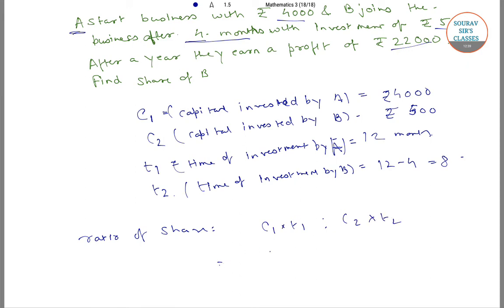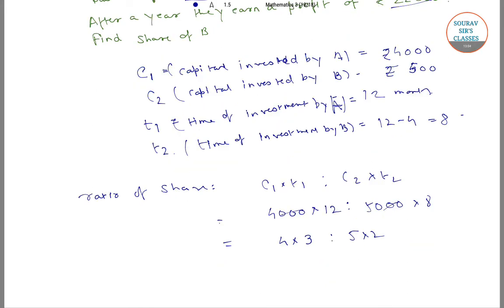So this is equal to 4,000 into 12 is to 5,000 into 8, which is equal to 4 into 3 is to 5 into 2, which is equal to 6 is to 5. So the ratio of their shares is 6 is to 5.